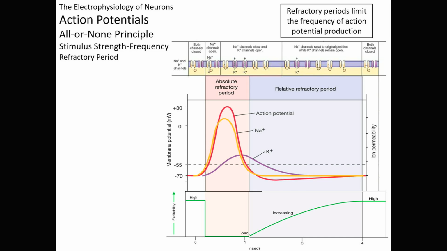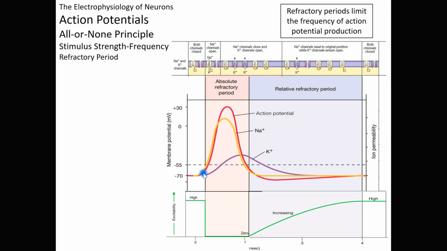You can see here that when we are at resting membrane potential, or even just below the threshold in general, the excitability of a neuron is very high. That's because we've got all of our voltage-gated sodium channels in their closed state, and we know from our conversation yesterday we can open up those channels from their closed state and therefore generate action potentials.